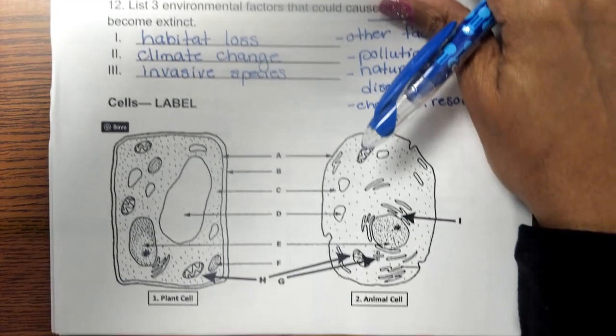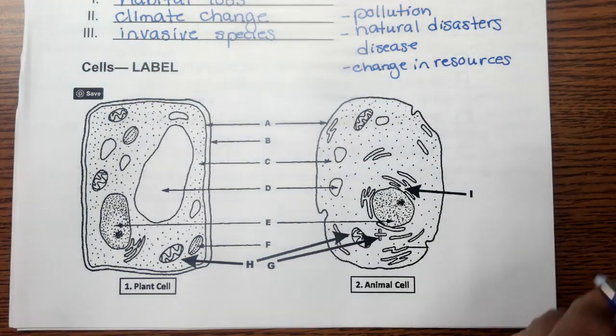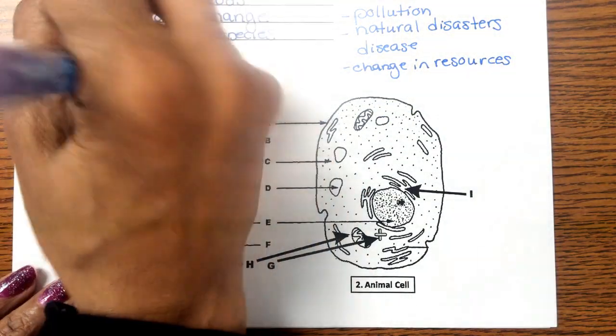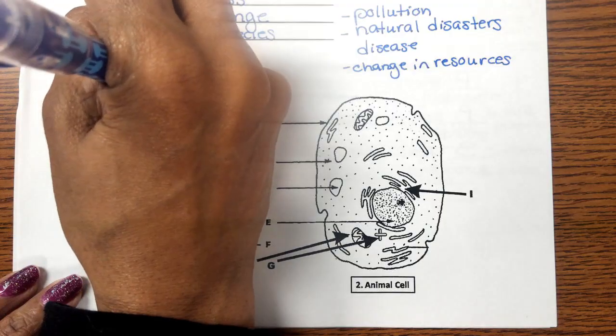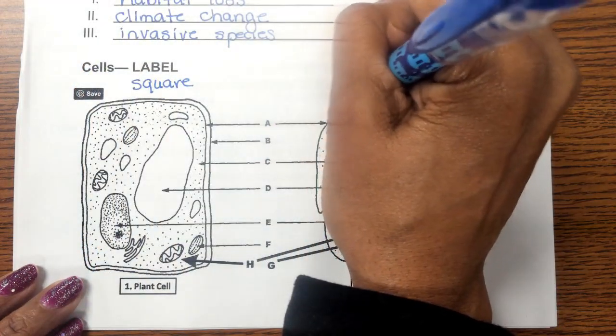Okay, moving on. We're going to review cells real quick, and then we're going to go over ecological succession, and then we'll be done. All right, so this is a plant cell. Remember the difference between a plant cell and an animal cell. Plant cells are square. Animal cells are circular.